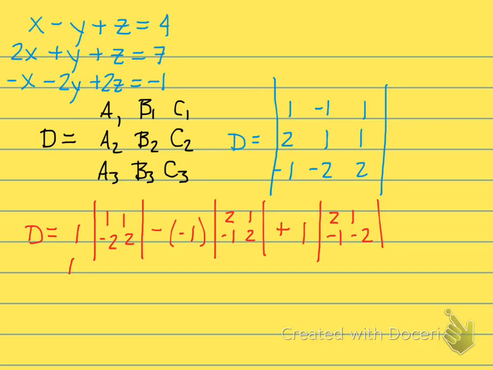As you'll see right here, I took this number 1 and then I used the matrix that remained when I didn't use any values in the same row or column as this 1. So I won't use any of these values and I won't use these values. That only leaves me with the matrix of 1, 1, -2, and 2.